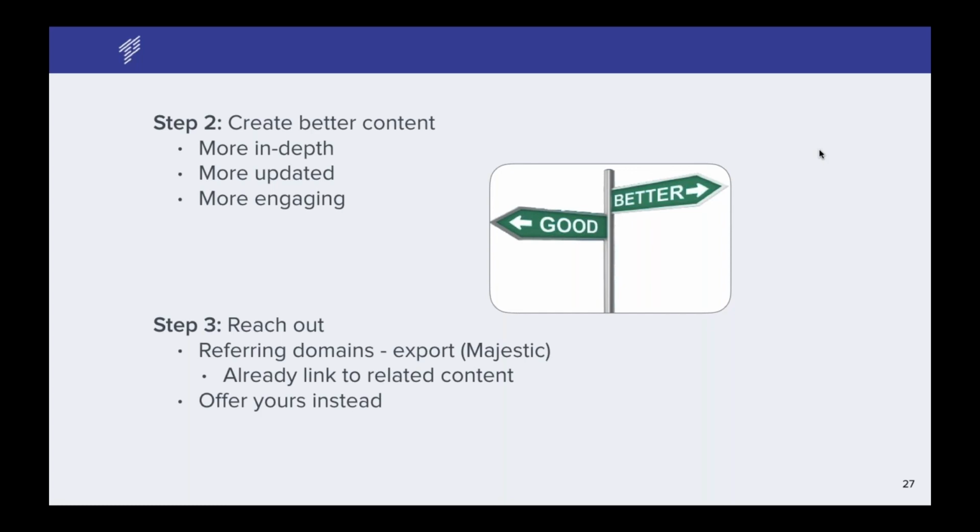Find the prospects that work for you and that are already linking to related content, or that are just related to you, and then let them know that you've created this type of content, that it's more up to date. Maybe don't brag too much, but just make sure they are interested. And of course it will not work every time, but it can work wonders.